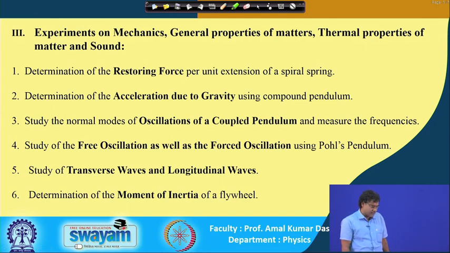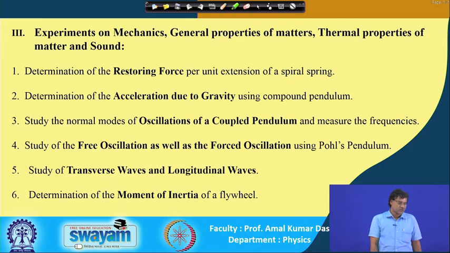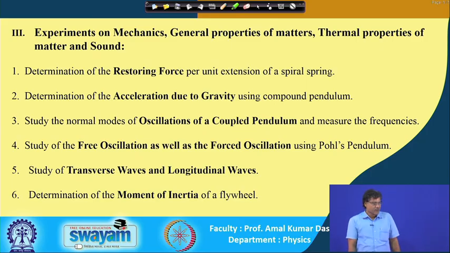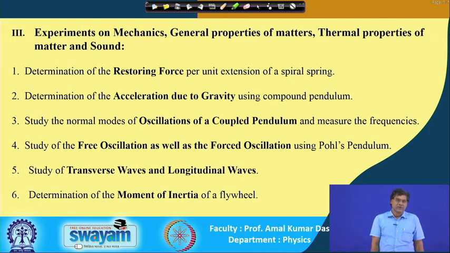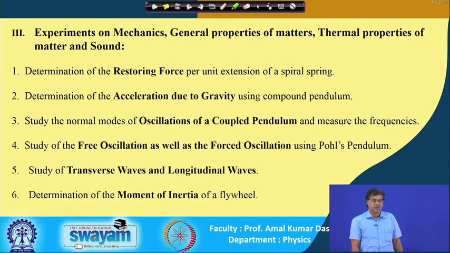We have selected almost around 30 experiments for this Experimental Physics 1: experiments on mechanics, general properties of matter, thermal properties of matter and sound. These are the experiments that we will demonstrate in this course. The first is the determination of the restoring force per unit extension of a spiral spring.